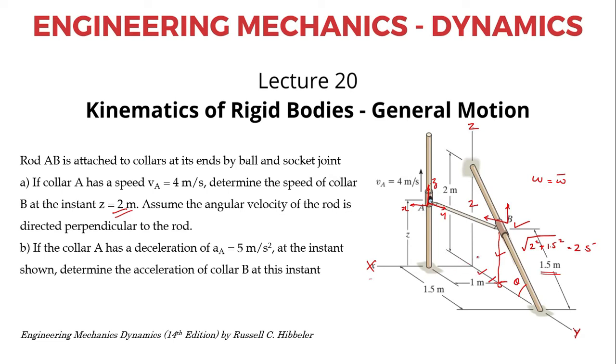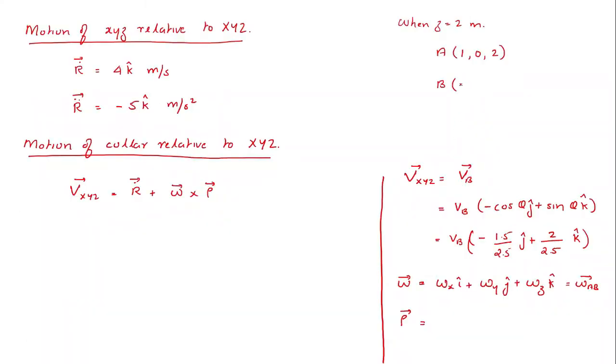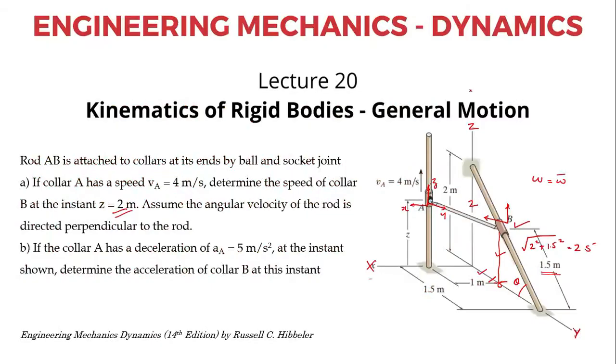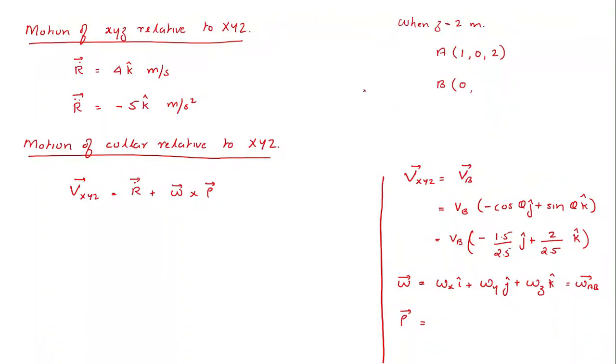So the position coordinate of B will be along x it is 0, along y this distance here. The total length here is 1.5 meters and this length here is also 1.5 meters. So this length here can be obtained as 1.5 cos theta. Just let me draw the figure here once again for better understanding.